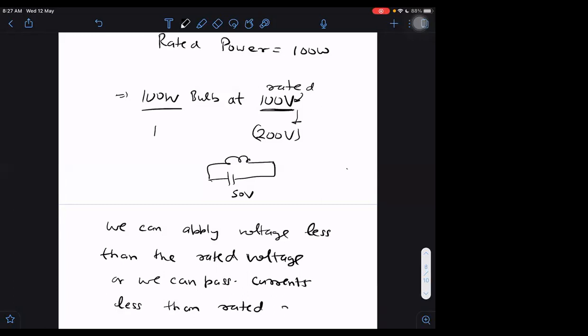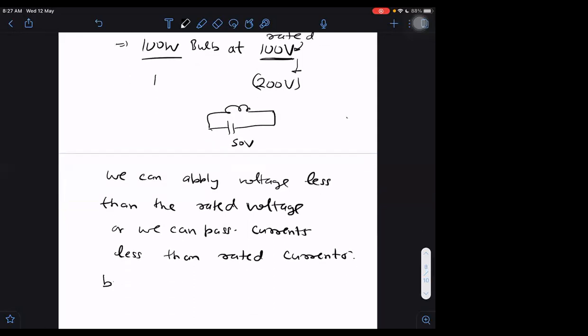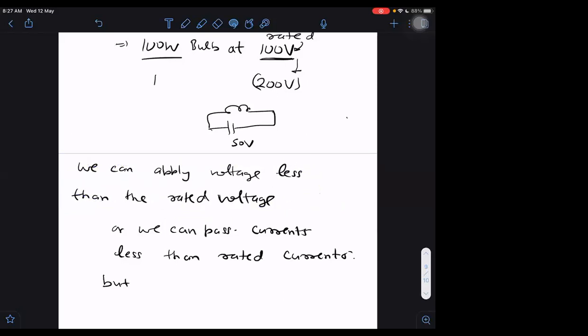Sometimes they mention not always rated voltage, sometimes they mention rated currents. But not more. Here I am writing: we can apply voltage less than the rated voltage, but not more. Similarly, we can pass currents less than the rated currents, but not more.